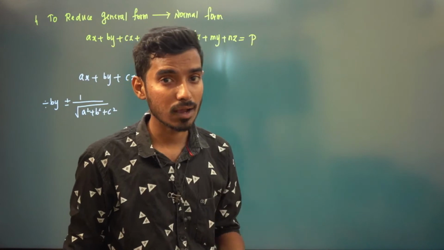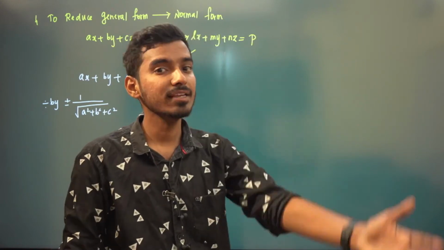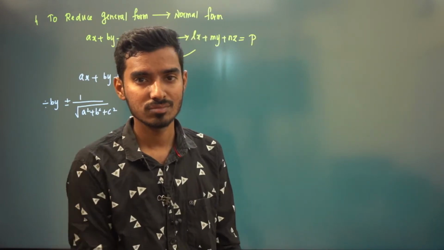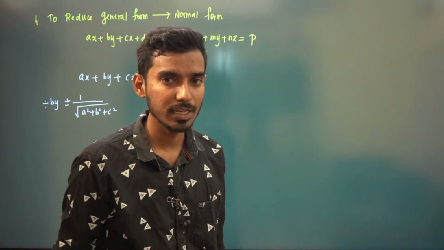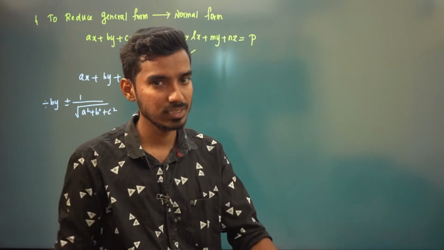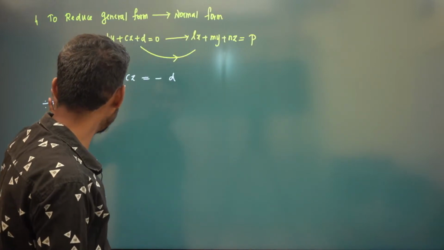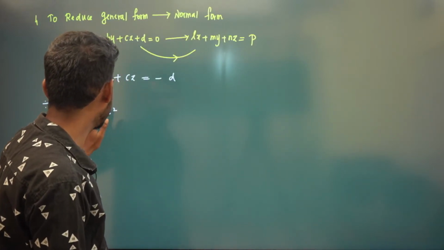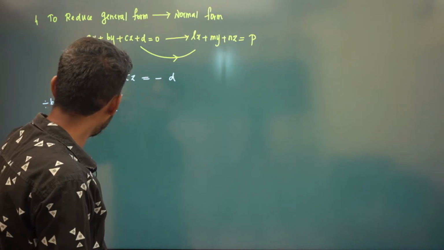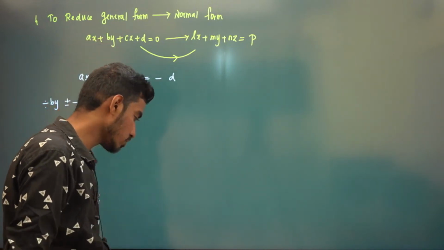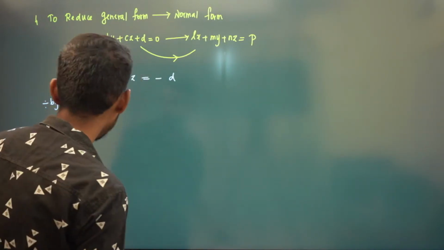You need to divide accordingly so that your p is positive, because p is a length, right? So that your P is positive.